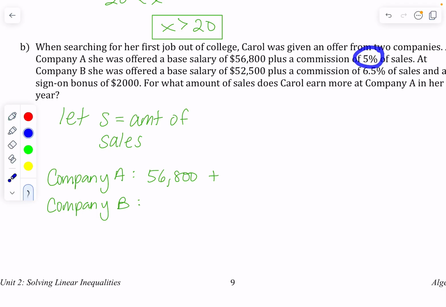So I either need to take that percent and divide it by 100 or move the decimal to the left twice. If I move the decimal to the left twice, then it'd be 0.05. So 5% of sales is going to look like 0.05 times S.